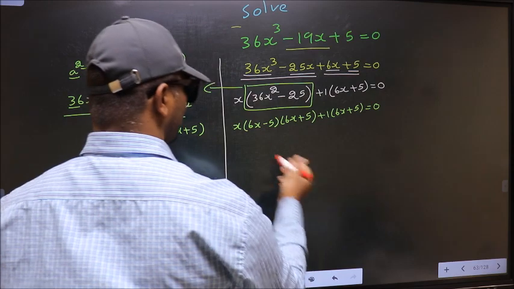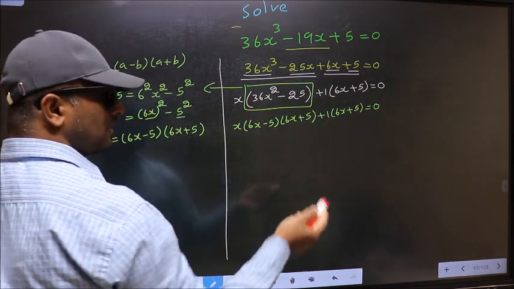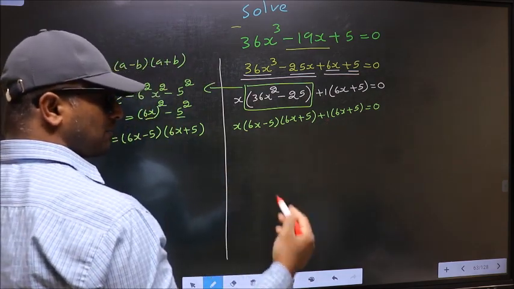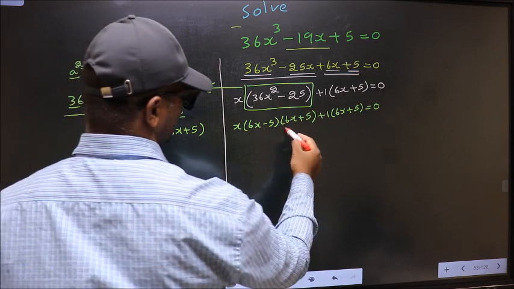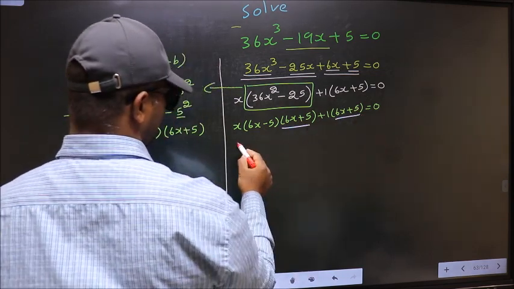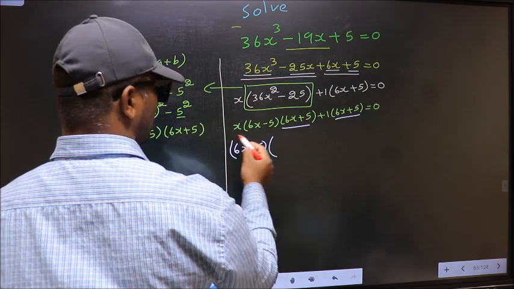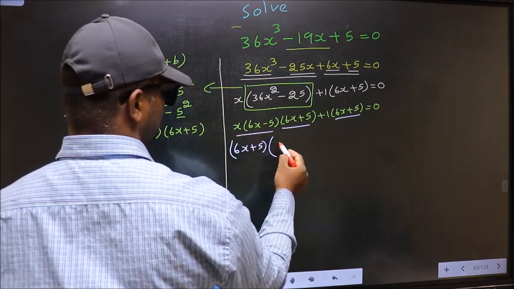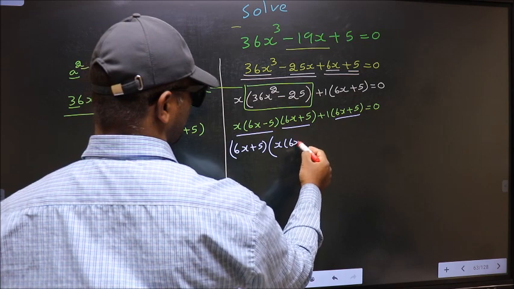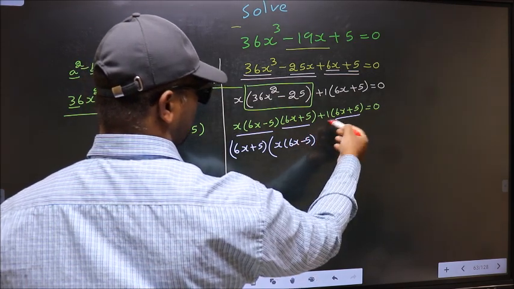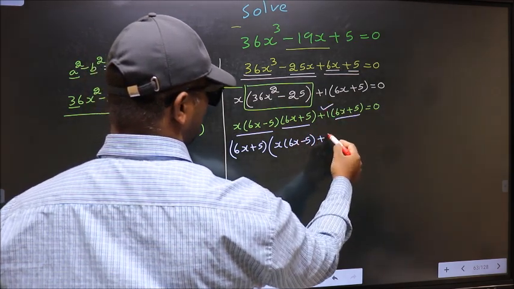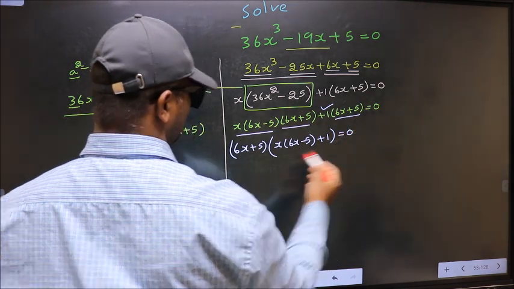Next, from this equation what can be taken out common is 6x plus 5. So 6x plus 5 outside. Over here we are left with this, that is x times 6x minus 5, and over here we are left with plus 1 equal to 0.